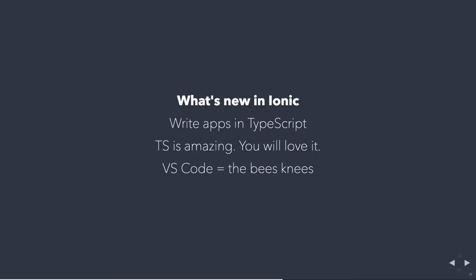Did the hackathon thing, spent like 12 hours implementing Babel because I didn't want to use TypeScript. But in the end, that was stupid. TypeScript is freaking awesome. I cannot imagine anyone using it and not falling in love with it if they give it a fair shake. Likewise, VS Code, the editor from Microsoft. I don't know when Microsoft got cool again, but VS Code is awesome. It is awesome.